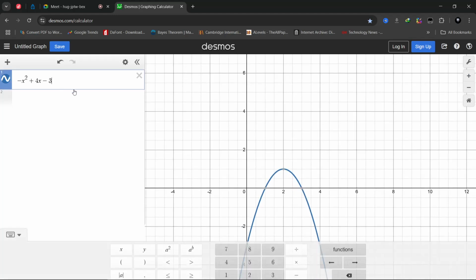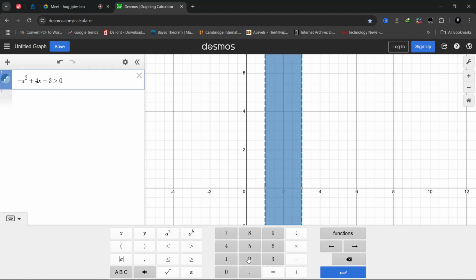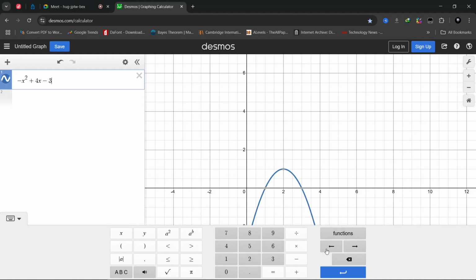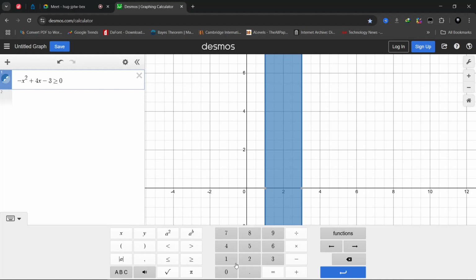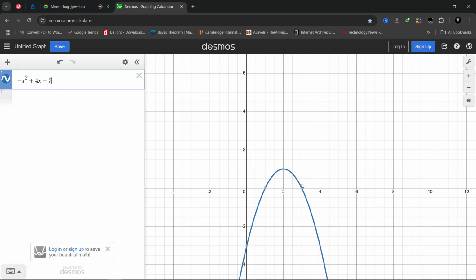And then if we're looking at the region where this is greater than 0, let's try greater than or equal to 0. Still the same. I wanted to show you the graph highlighting the region.